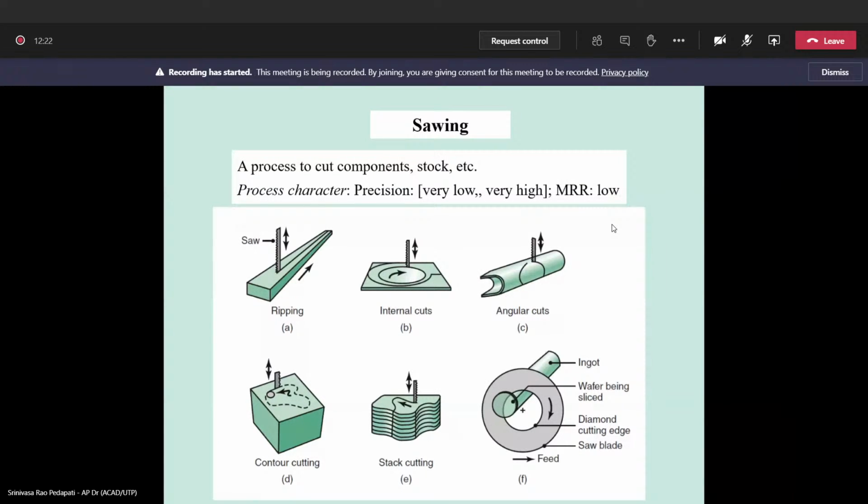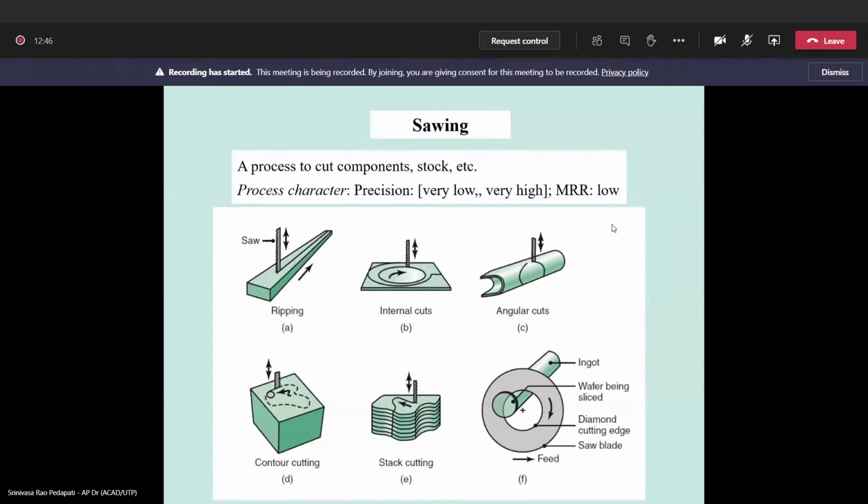After that, we have seen another kind of machine tool, that is drilling operation or drilling machines. Drilling operation is making holes, and then we have reaming. Reaming is to finish an already drilled hole, and then boring. These are the operations or the machines which we discussed in the last 2-3 weeks.